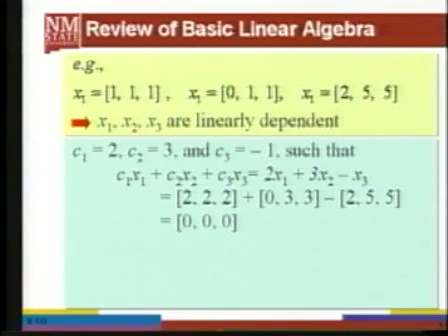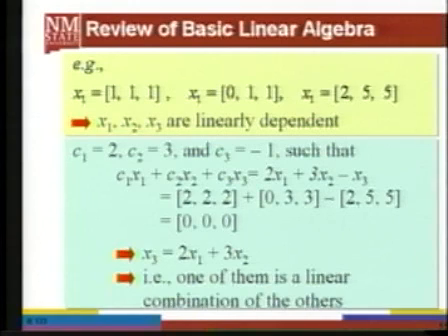Okay? Also, note that this equation implies that x3 equals 2x1 plus 3x2. So x1, x2, and x3 can be interpreted as being linearly dependent because one of them, x3 in this case, is a linear combination of the others. Is that right?